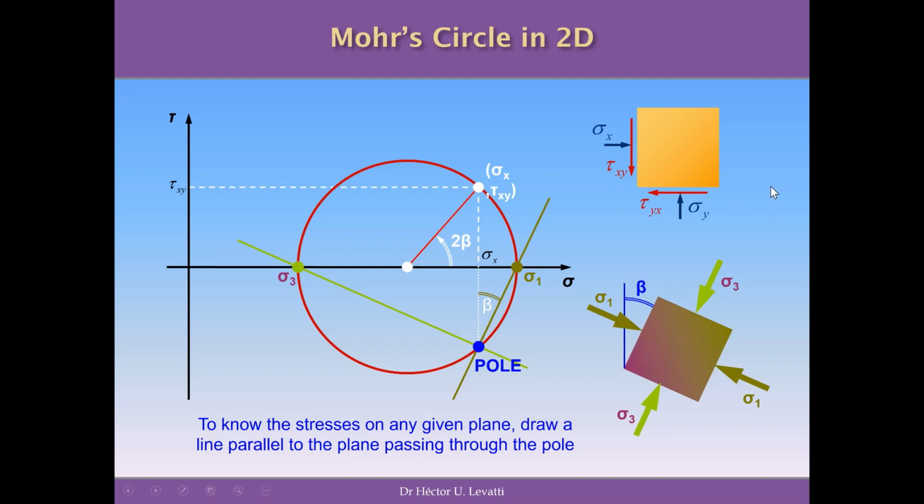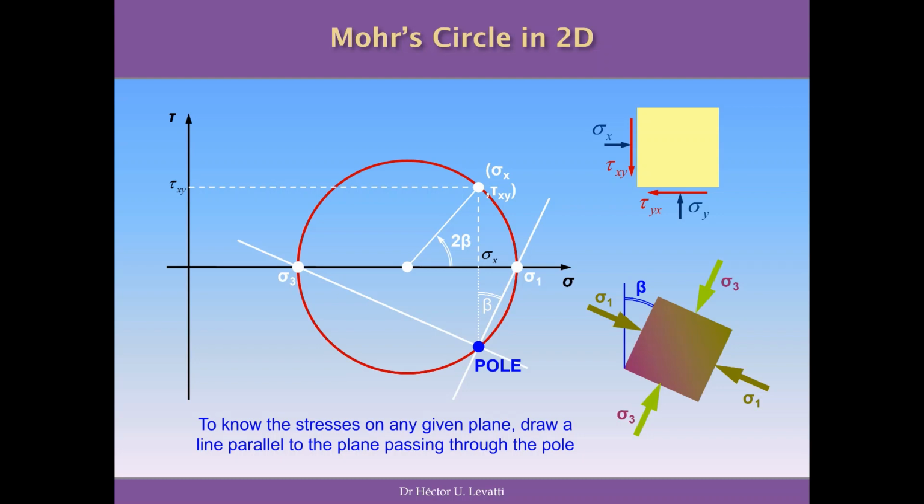Now, we want to know the axial stress and the shear stress in any direction. So let's say we want to know the axial stress and the shear stress in this inclined direction for our element at the beginning. We just have to realize what is the value of this angle, and we can add this angle in our Mohr circle in this way, and we have a new direction, the direction of our inclined plane.